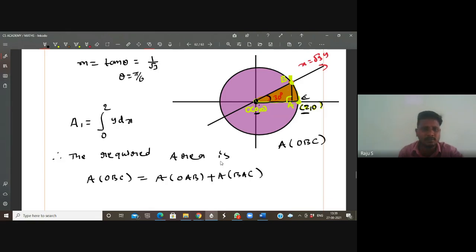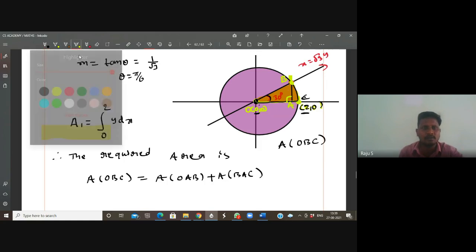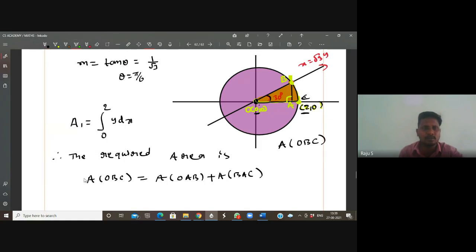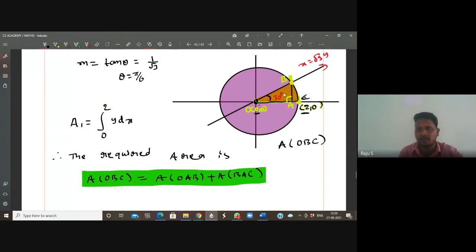Can I write like this? Is it clear, students? We cannot find the area directly, so we find it this way. Let us take this as A1 and this area as A2. Then the required area I am taking as capital A. Got it? How can you find A1?